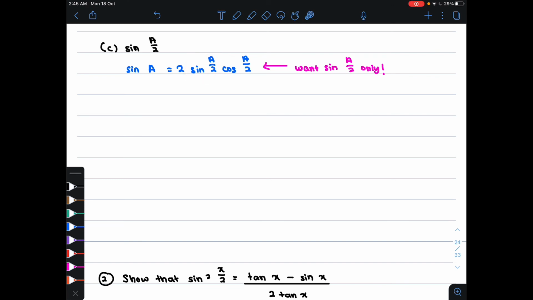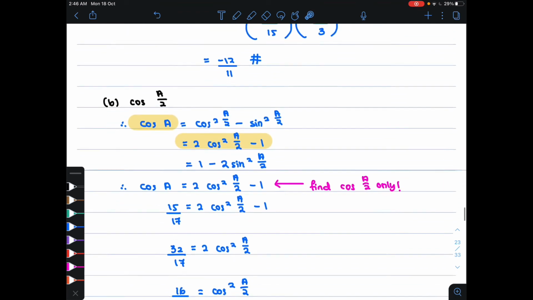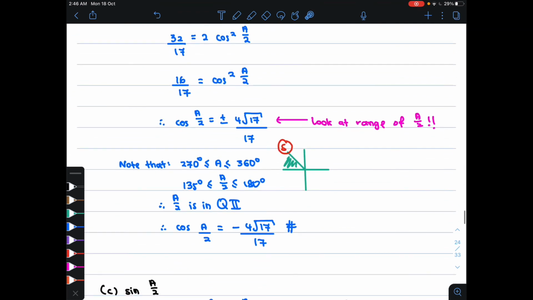So substitute the value of sine A and cos A over 2. Sine A is negative 8 over 17. And cos A over 2 is negative 4 square root 17 over 17.